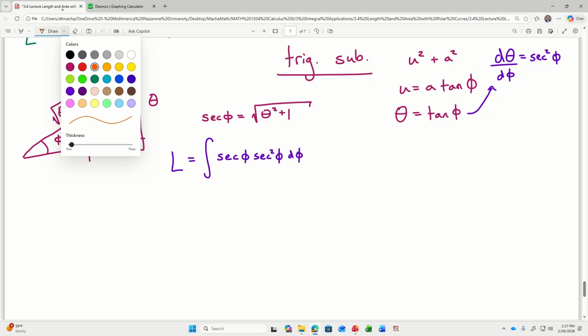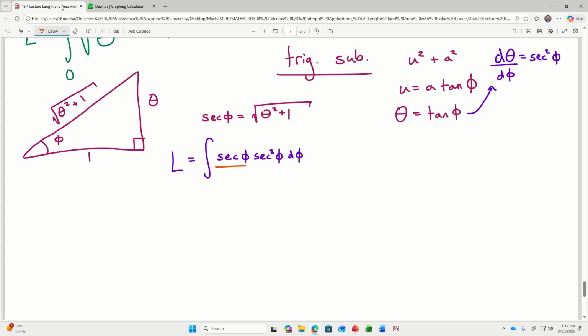We do integration by parts, where we can take a derivative of secant, so that will be our u, and an antiderivative of secant squared. And the integration by parts formula goes u dv equals uv minus v du.